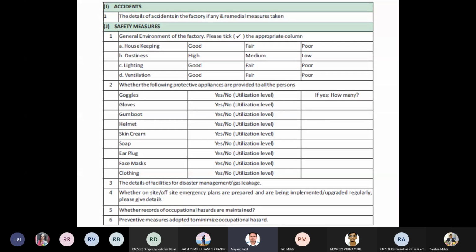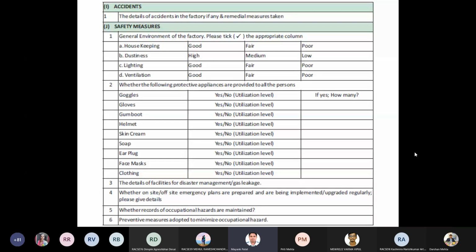And the details of the facilities for disaster management or gas leakage, if that is the case applicable, then the details should be there. Whether on-site, off-site emergency plan is prepared and implemented, then the details thereof. Then any occupational hazards records are maintained, then that also need to mention.